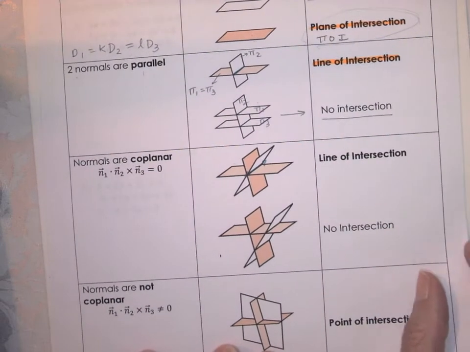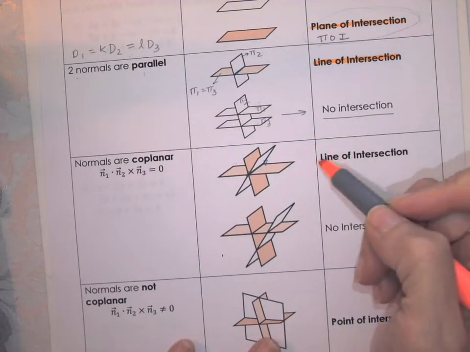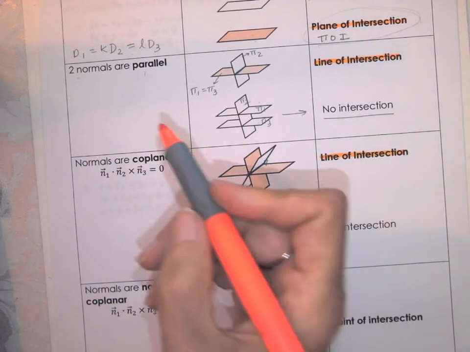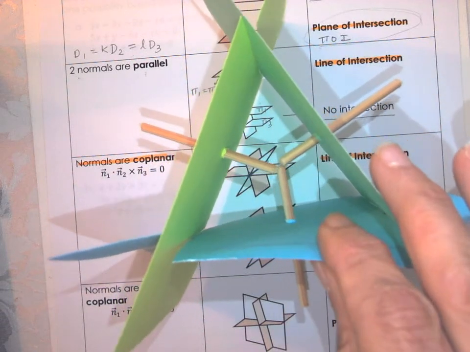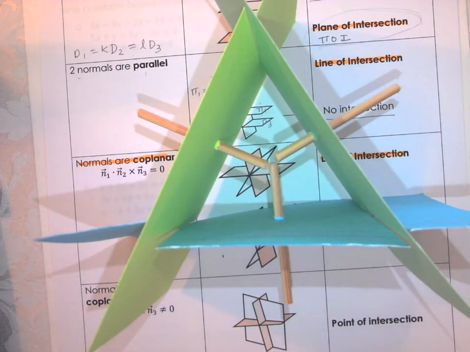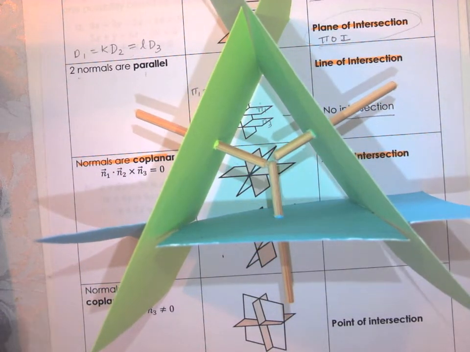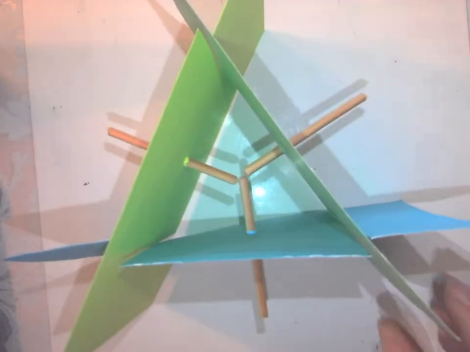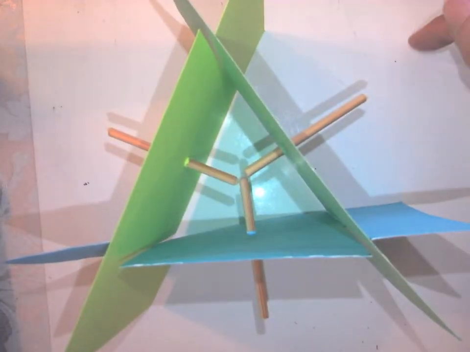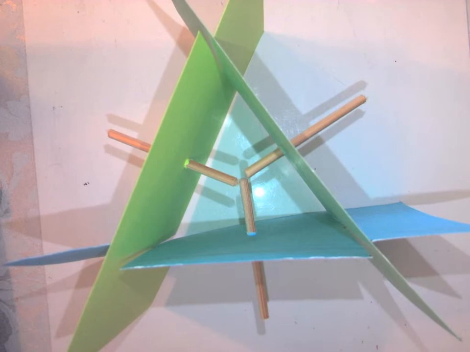So one possibility, if the normals are coplanar, is that we have a line of intersection, and we would use the matrix to find it. The other possibility for coplanar normals is this one here. Again, I have 3 planes, a fluorescent green, a dark green, and a blue one, with toothpicks representing the normals, and you can see their shadows are all on the whiteboard, so the normals are coplanar.